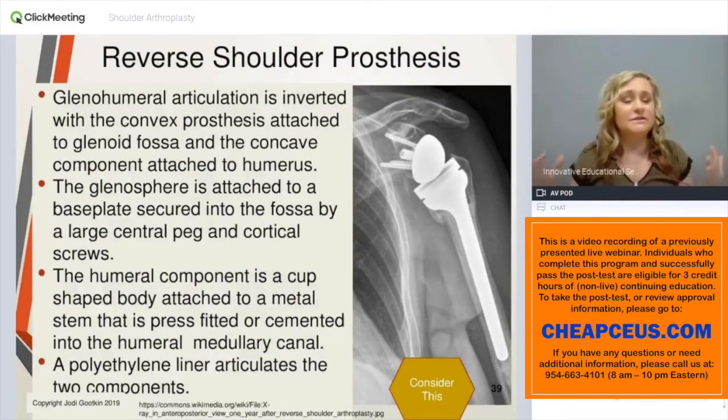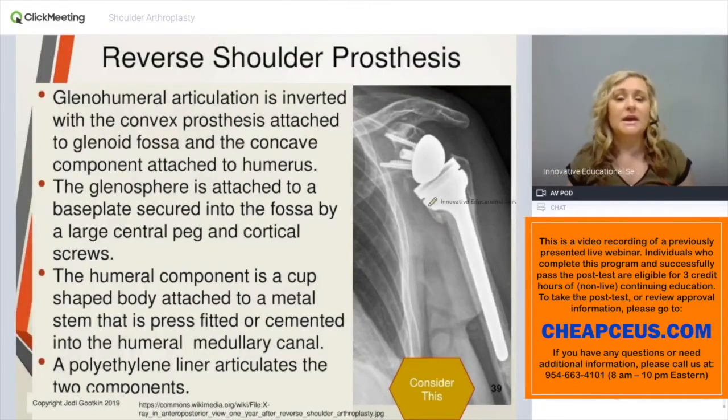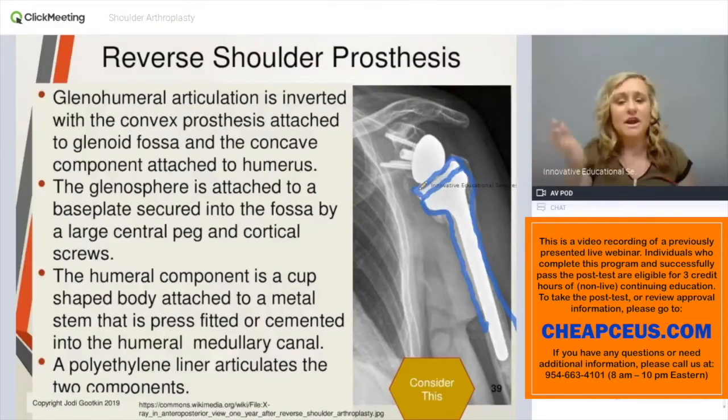The reverse shoulder arthroplasty is just that. What they literally do is flip the components. So in this image on the right, what we see on the humeral side is the components going into the shaft of the humerus. And then on top of that, we have our polyethylene articulation, our concavity. So our concavity now becomes the humeral head, and then the convexity becomes the glenoid fossa.